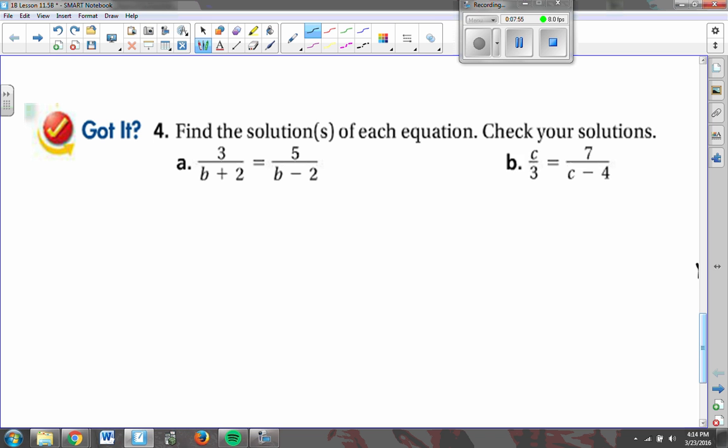So pause the video, take a look here at letter A and B, find me the solutions, make sure you check them, because I promise in your practice problems tomorrow, some of them will be extraneous, even if they are not here. So make sure you check your answers, but pause the video, take a look at these two problems, find me the solutions, then come on back and I'll show you what we should get.